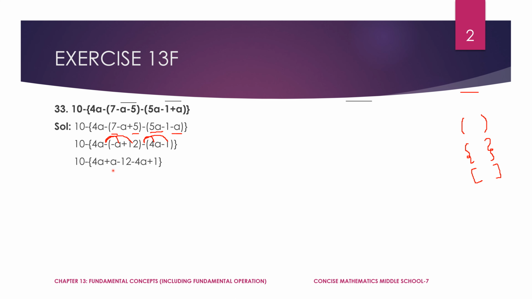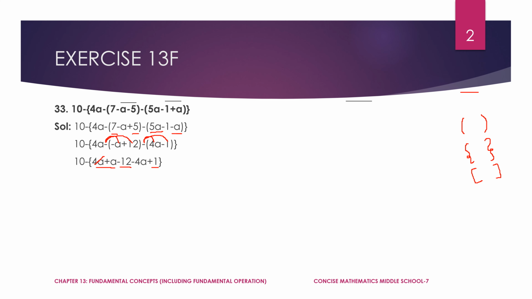Now again next preference is to flower braces, right? So inside this flower braces, can you solve anything? Yes, inside this you can solve this minus 12 plus 1. Both are constants, right? One is having negative sign, other is having positive sign. Even here you can solve this minus a plus a and minus 4a.